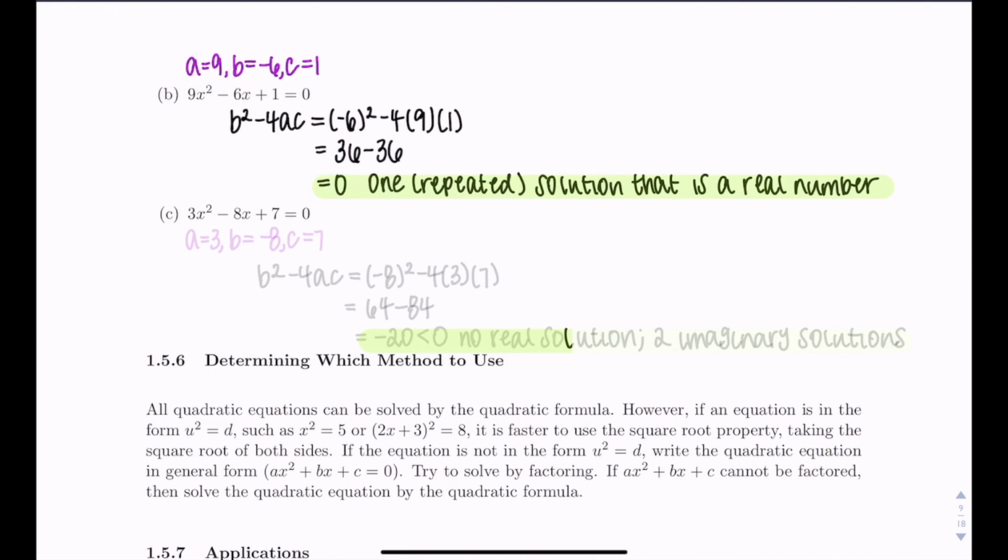Go ahead and pause the video and try c. Alright, so for part c, we have a is 3, b is negative 8, and c is 7.